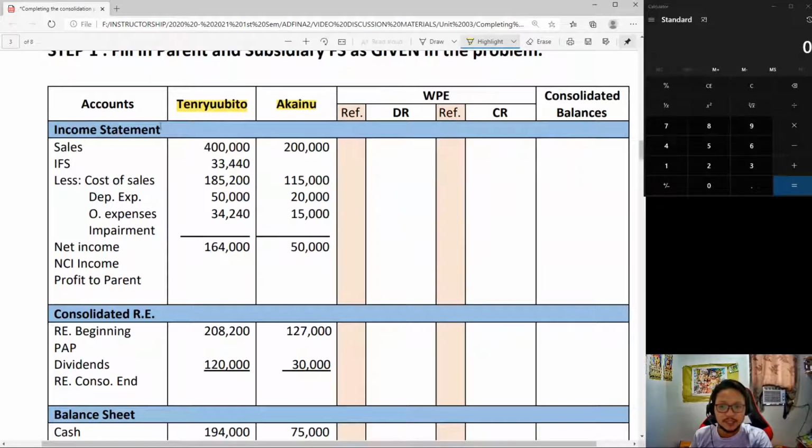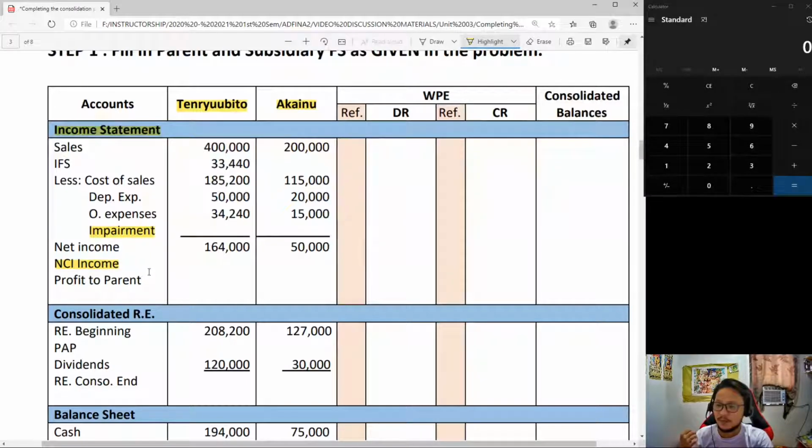Ito yung income statement natin na portion, and all of these accounts are copied from the given, except for a few items which I will highlight. Impairment, wala yan sa problem, pero we know na merong kailangan i-record na impairment because goodwill was impaired. Also, NCI income is an item of consolidated balances already.